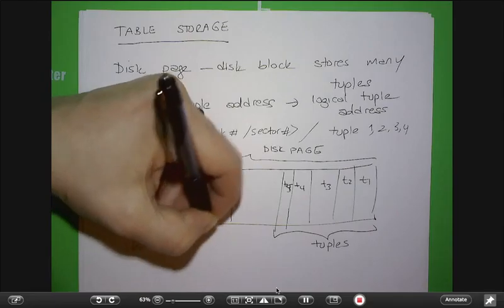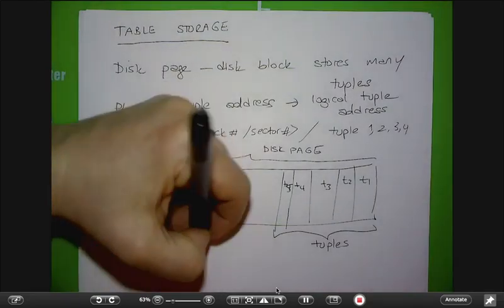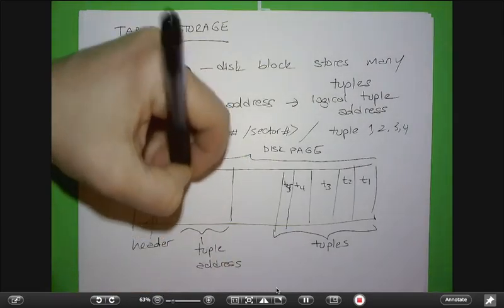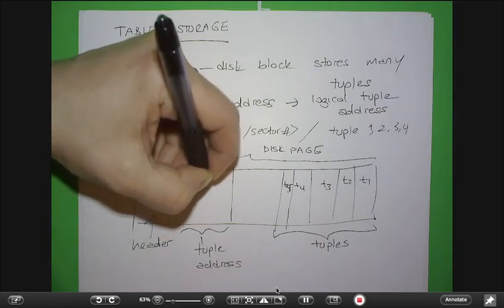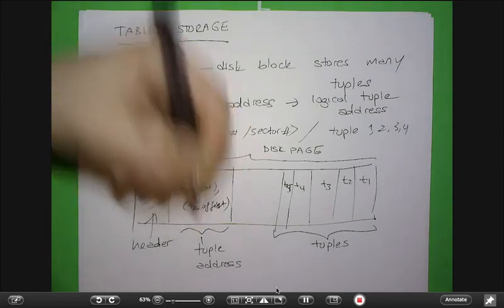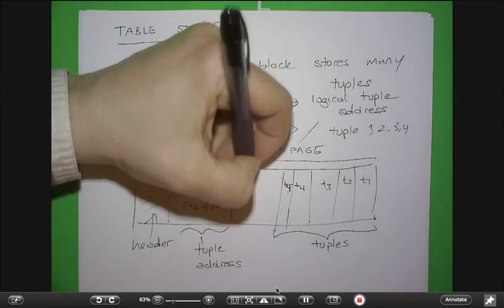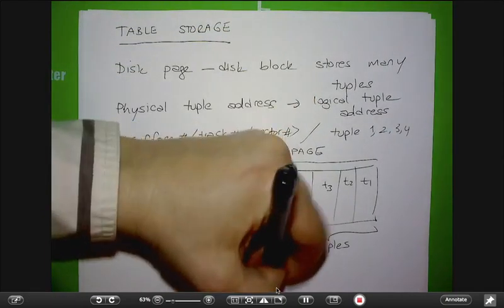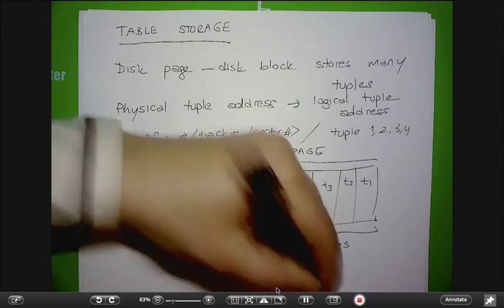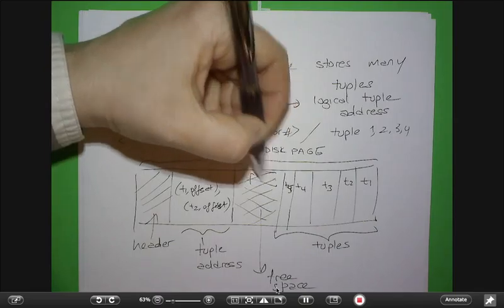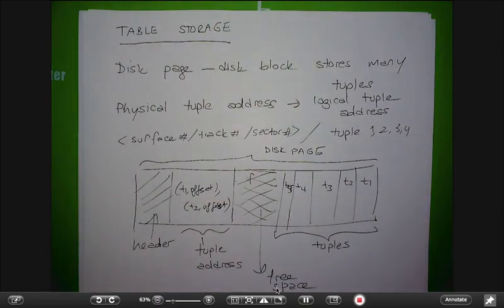And then here you have tuple address information: tuple 1 offset, tuple 2 offset. And then in between, you have free space. This allows you, if you insert a new tuple, to put the address data for it here, and then put the tuple there, so they can both grow without really moving the other data around.